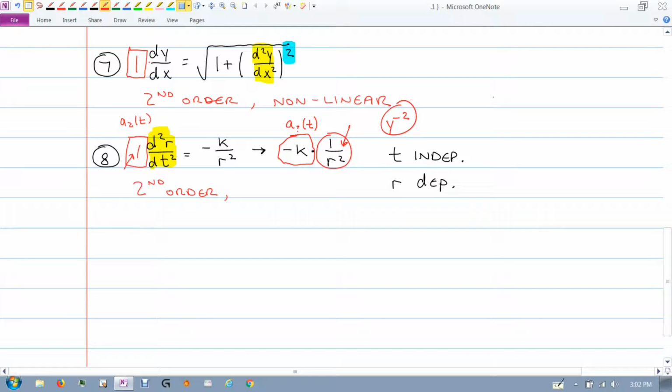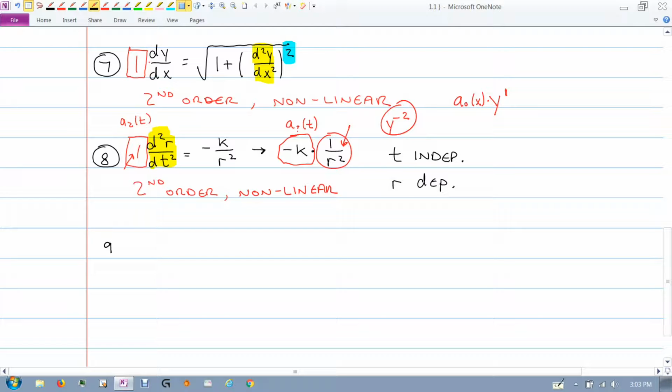It just says that we can have y and some function of x in front of it. So right here at this point, we can say this is nonlinear. I guess you could say that r to the first power makes that term linear, and the r to the negative 2 here, or 1 over r squared, makes it nonlinear.